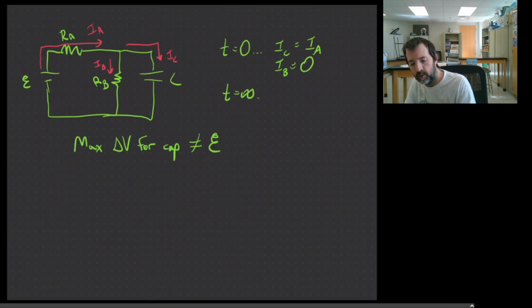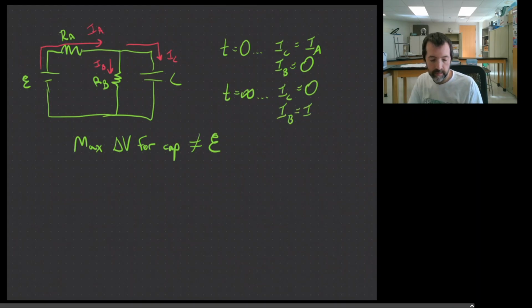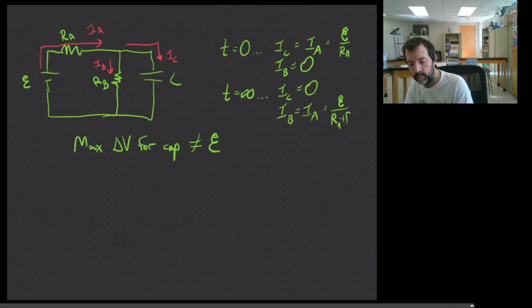But at t equals infinity, current C is the one that's 0, and current B is equal to current A. Also, that initial value for current A is E over RA; we don't need resistor B because nothing's going that way. But the final value for current A is E over RA plus RB, because in the final state, both of the resistors are in the loop.